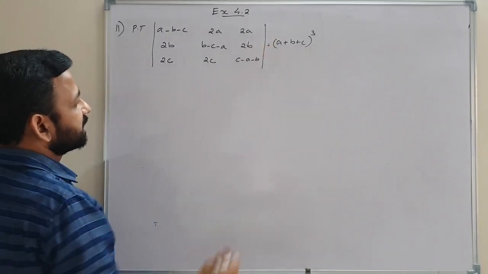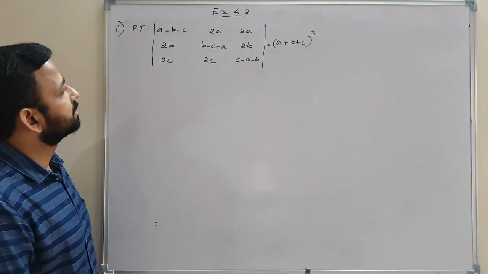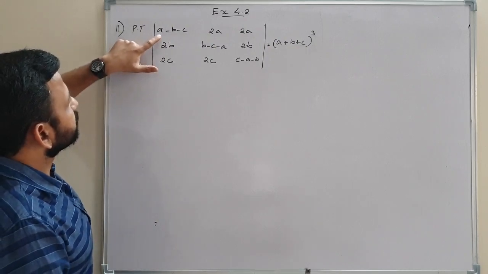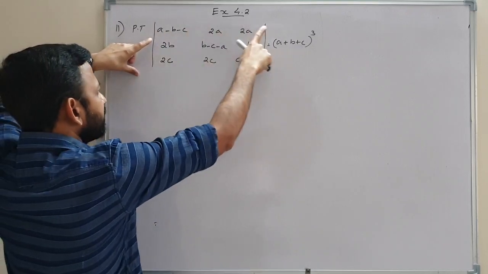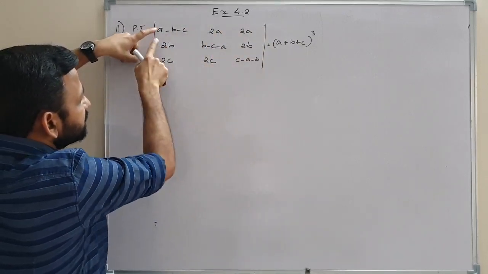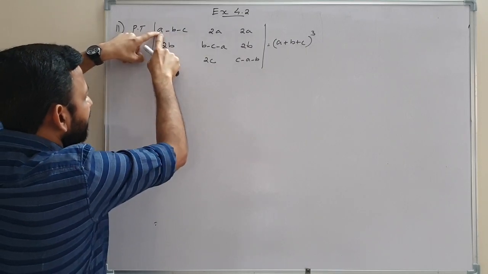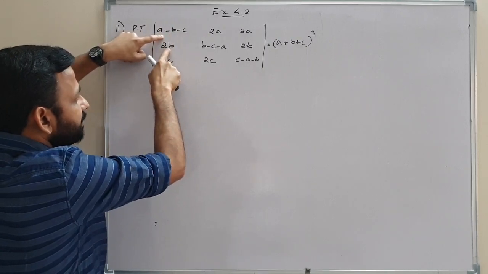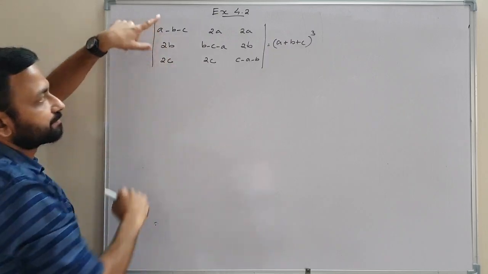We want to get a plus b plus c outside. So if we do this operation, adding R1 plus R2 plus R3, you see a minus b minus c plus 2b plus 2c: minus b plus 2b is b, minus c plus 2c is c, so a plus b plus c.